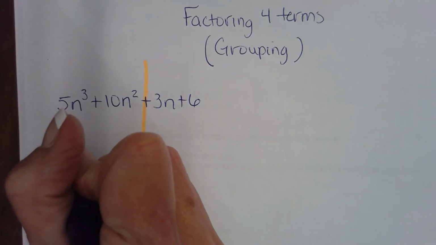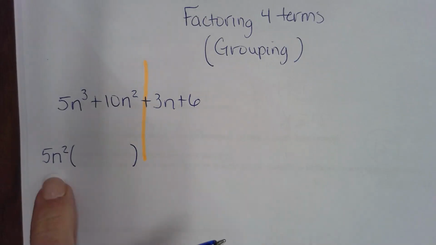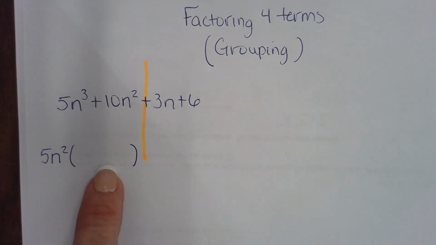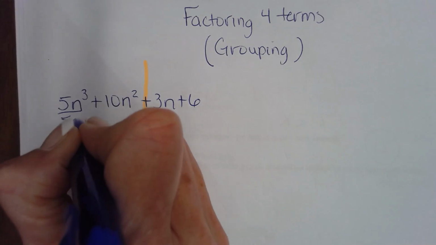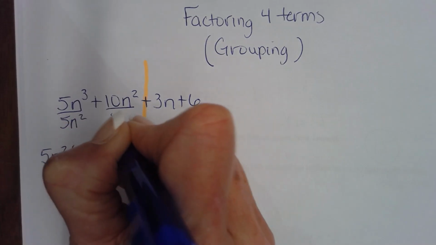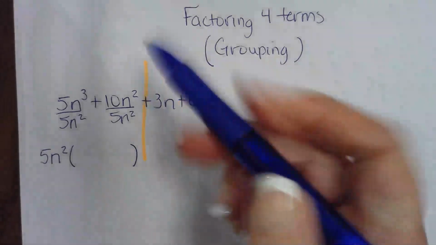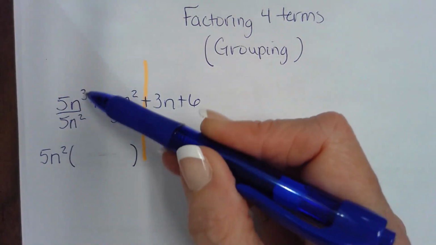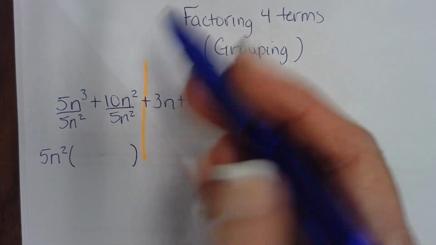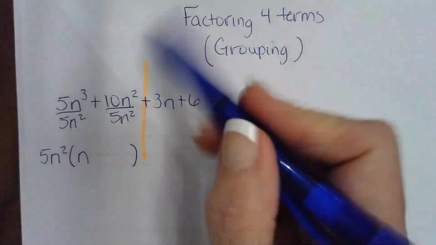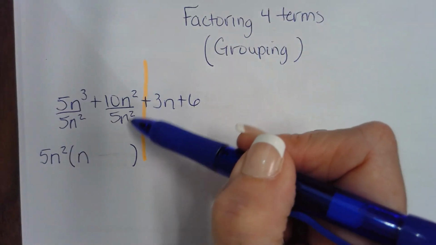Okay, so with greatest common factor method, I put my greatest common factor out here and set up 1 parenthesis. And now to determine what goes in the parentheses, I divide by my greatest common factor. So when I divide here, what do I get? I subtract powers. I just get an n. What do I get when I divide here?